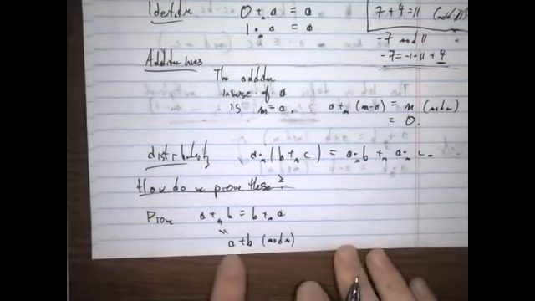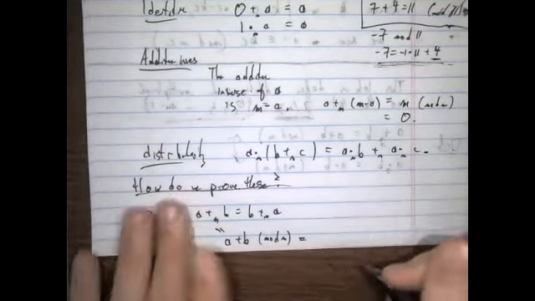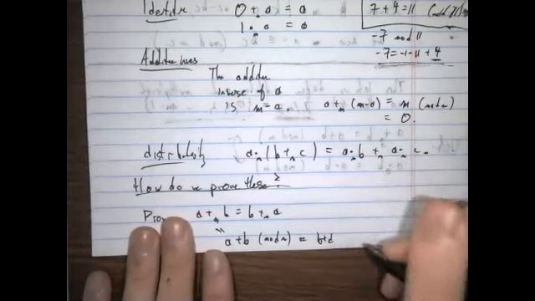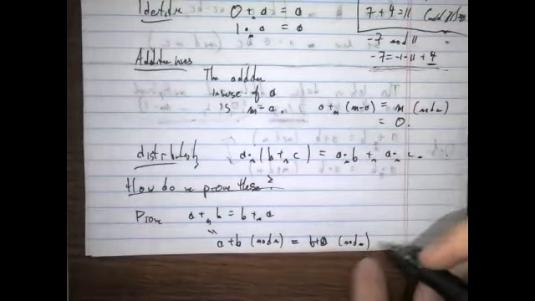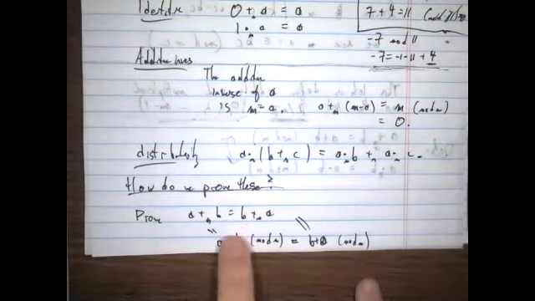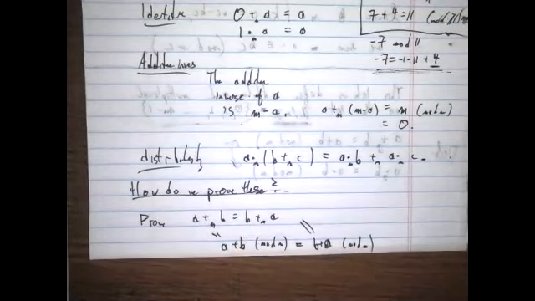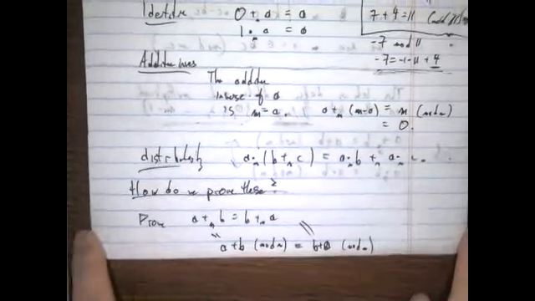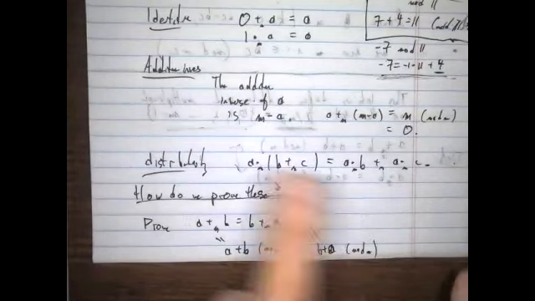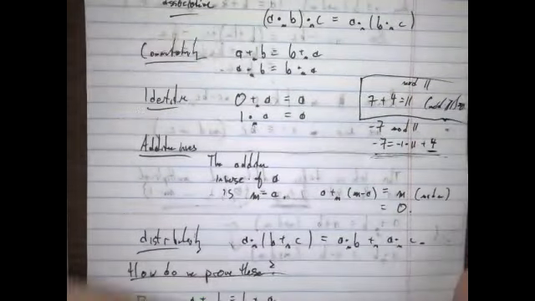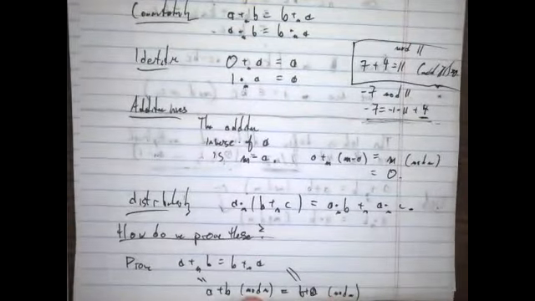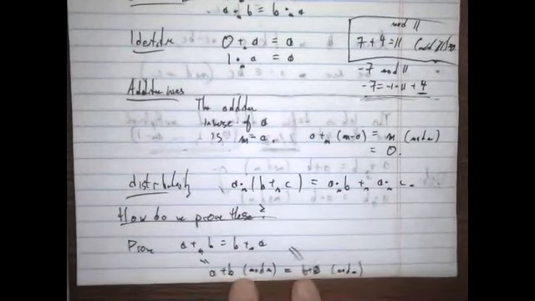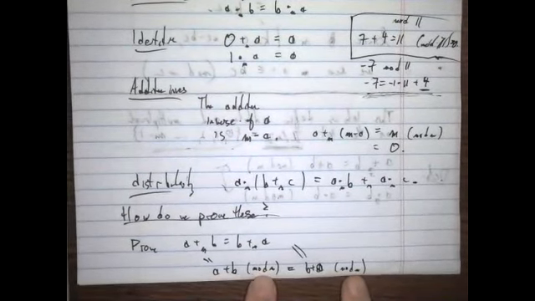But a plus b mod m, a plus b is the same number as b plus a mod m. But b plus a mod m is the same thing as the addition b plus m a. So this is a really sketchy proof, but the point here is that all of these properties come from the fact that addition on the integers has all these properties. And then you just take mod m's. So if two numbers are the same in the integers, they're going to be the same when you take mod m.